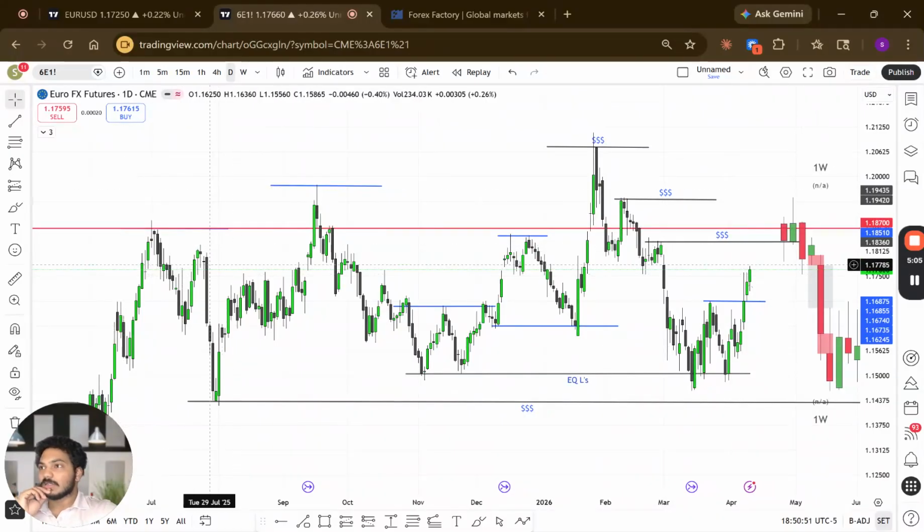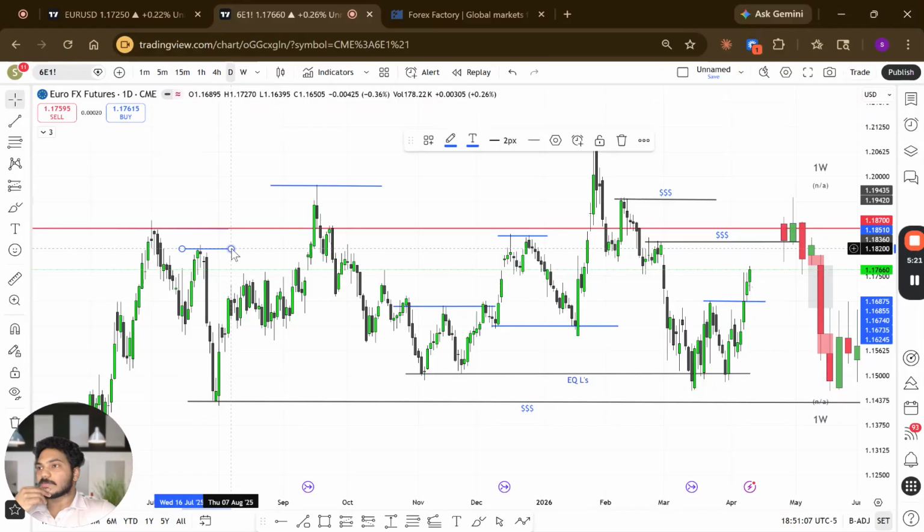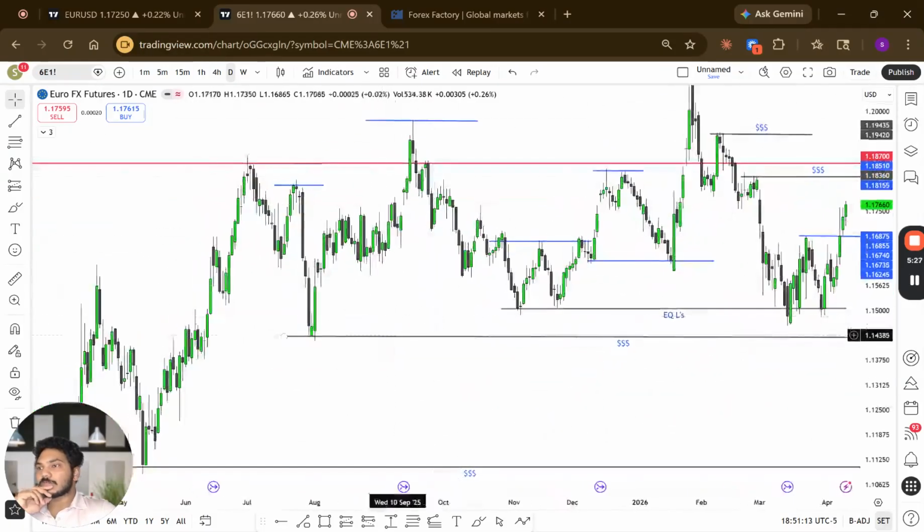You see that bearish candle right there. So that means the institutions are definitely trying to defend that price. Let's mark it right here. It went down to this, where you can also see pretty much the same price.